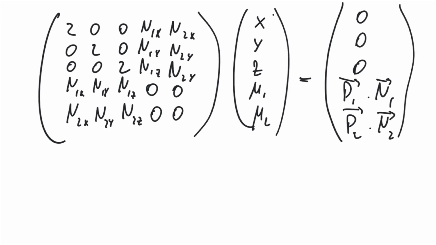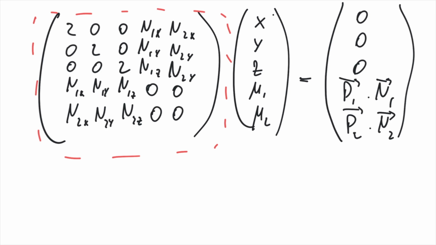So in your code, the only thing that you need to do is put this matrix directly in Gauss-Jordan elimination, invert it, and find the values of x, y, z. This is going to be very fast. It's only 5 equations. It's going to be very precise.